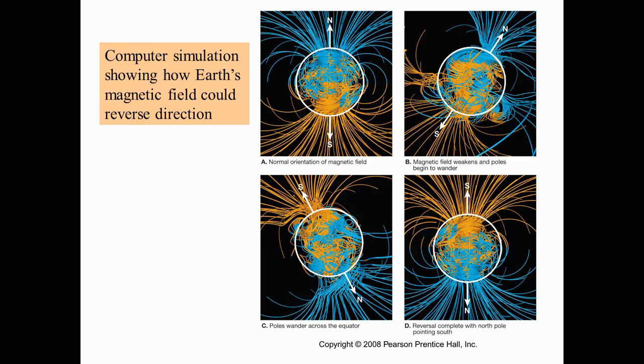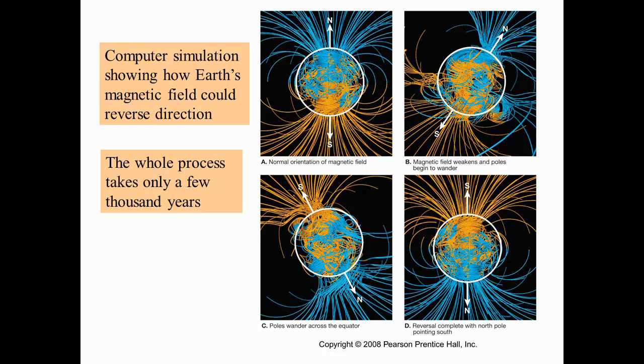The thought comes from actual computer simulations showing how Earth's magnetic field could reverse direction. The simulations predict that the magnetic poles are going to gradually move.